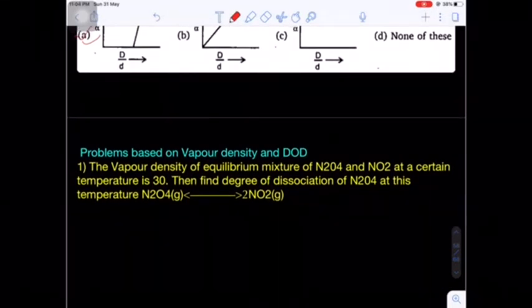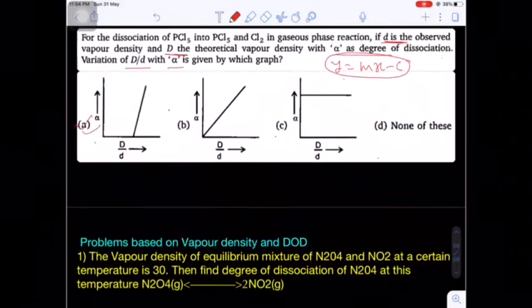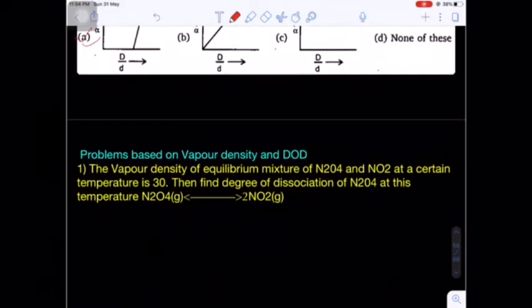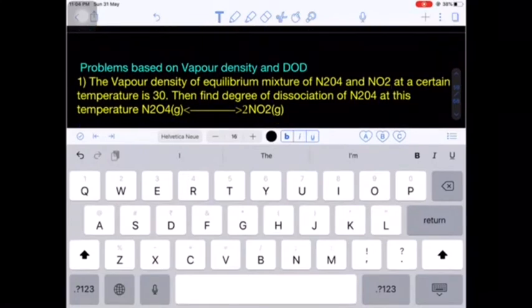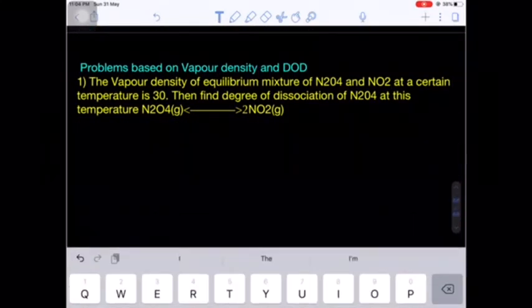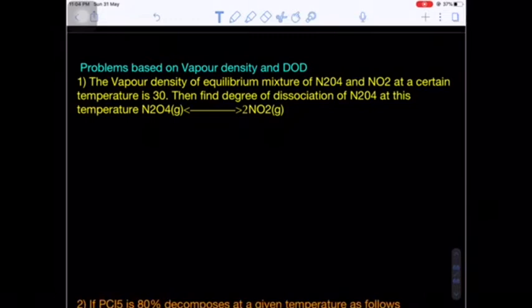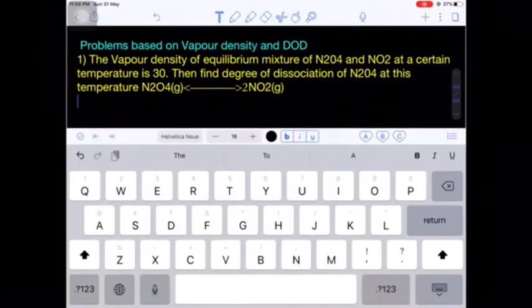Okay, now come to some problems given here. How to calculate? Before going to this, I am deriving another relation, the relation between the degree of association.